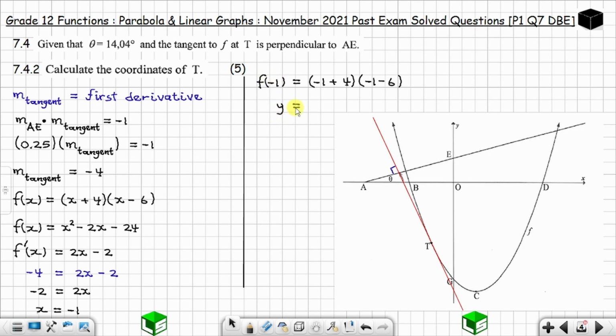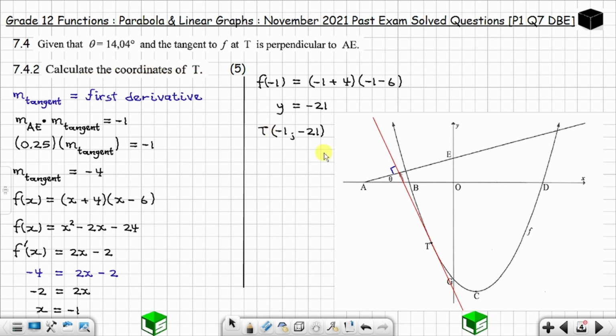So y is equal to, this is 4 minus 1, it's 3. This is -1 minus 6, this is -7. So it's -7 times 3, which is -21. And so the point of contact T, the coordinate of this point is -1 and -21. You can see -1 and -21. So these are the coordinate of T.